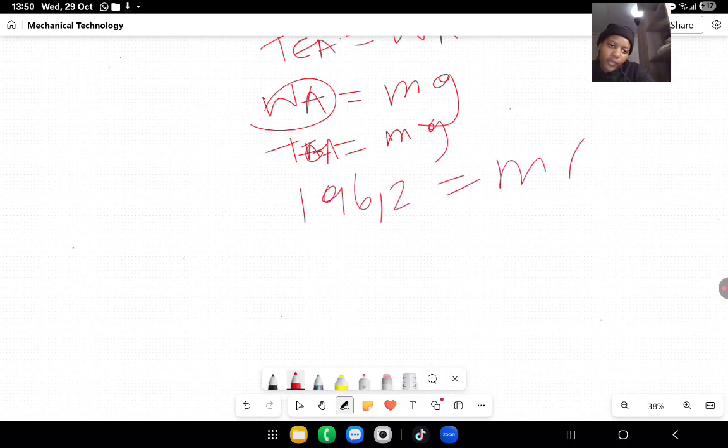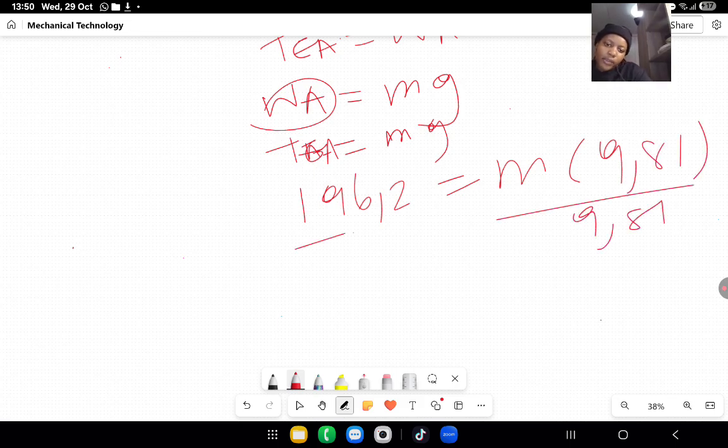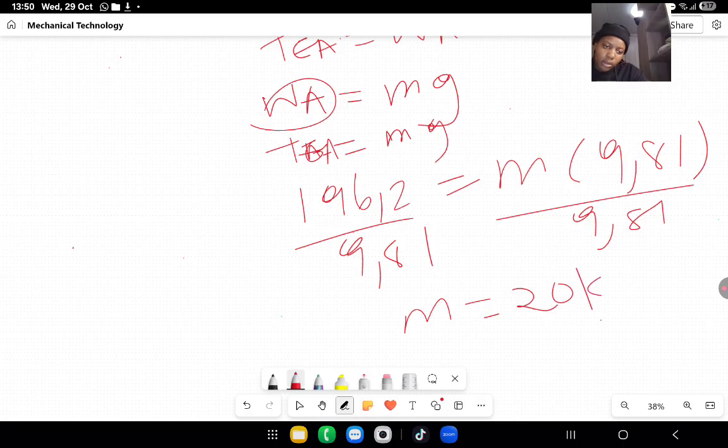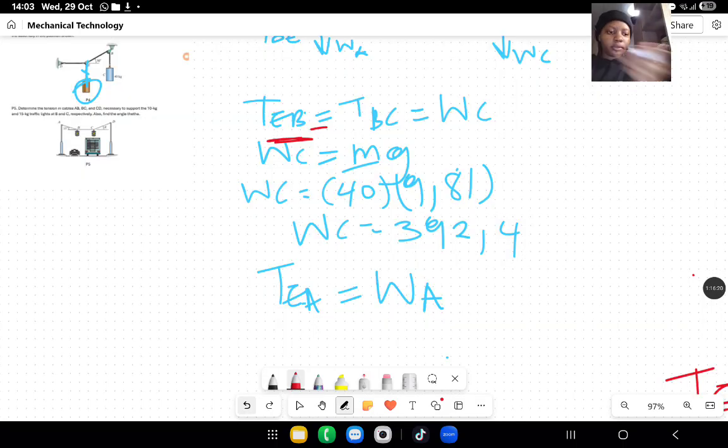M we don't have, G is constant 9.81. Then our mass will be 196.2 divided by 9.81, which will give us 20 kg. That's our final answer. We are done with this one.